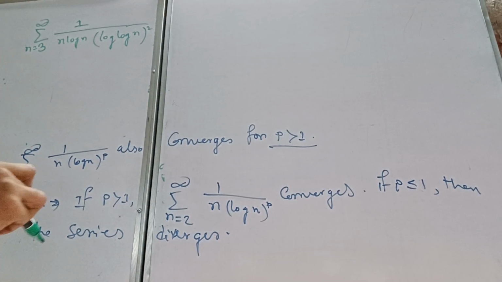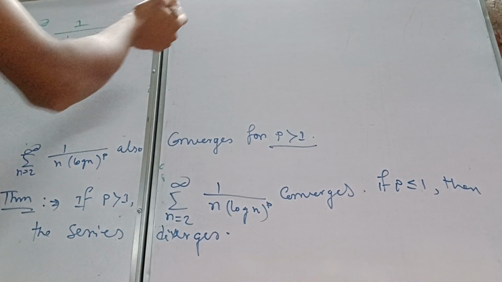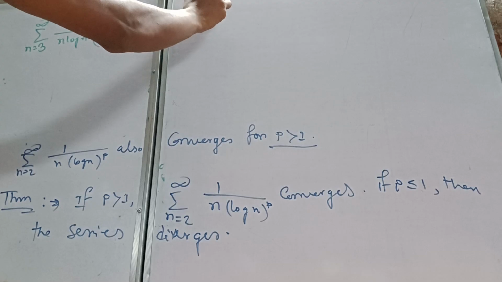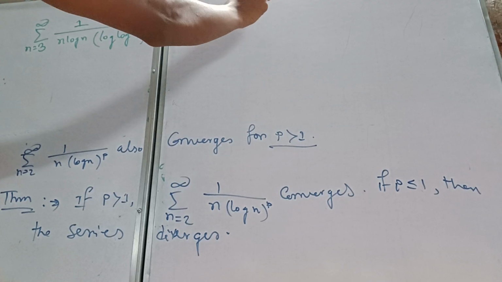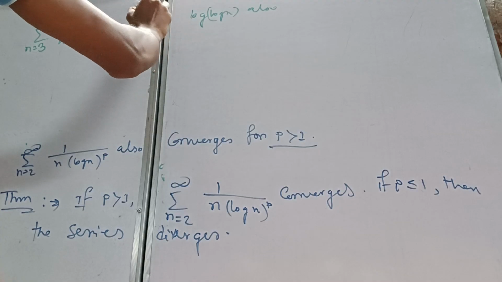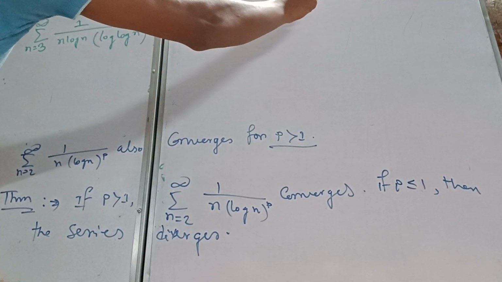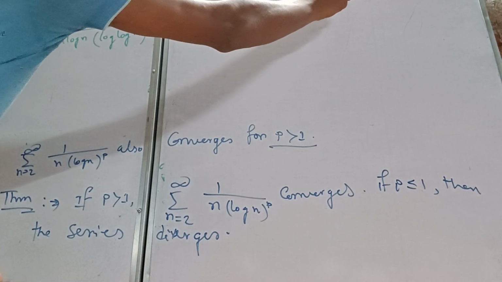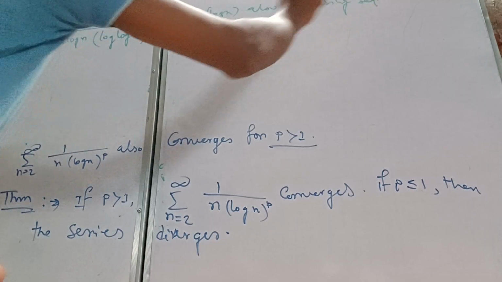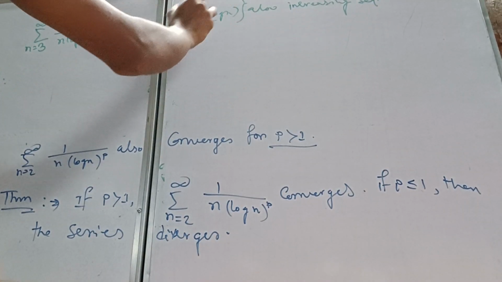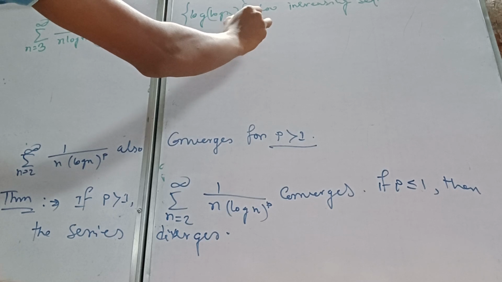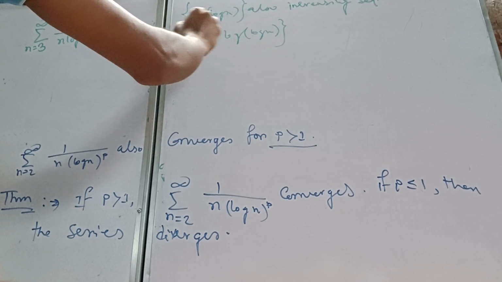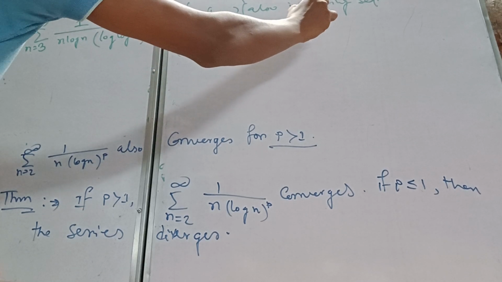Now we know the same procedure: log of log n also increases, so this is also an increasing sequence. So n log n log of log n is also increasing.